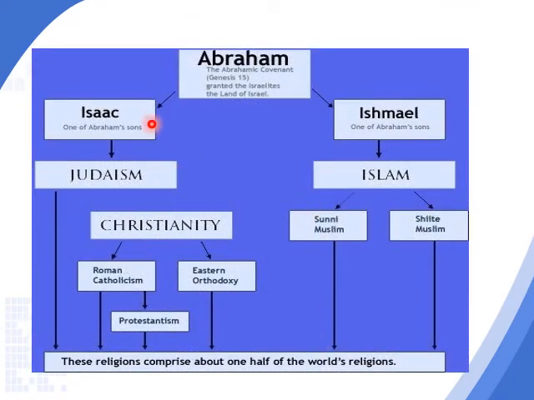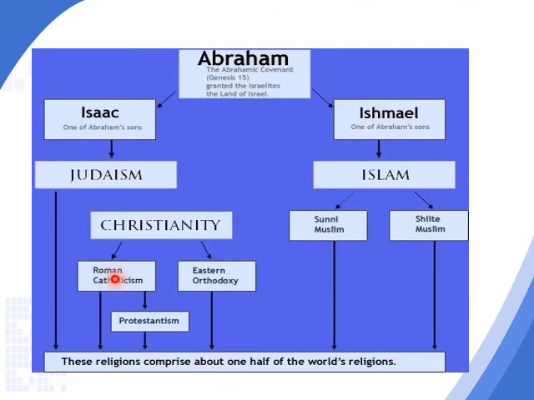We can see that in Abraham's descendants in this chart. Abraham was the father of Isaac and Ishmael. From Isaac, on the left, we had Judaism and Christianity. Christianity is subdivided in Roman Catholicism and Eastern Orthodoxy.